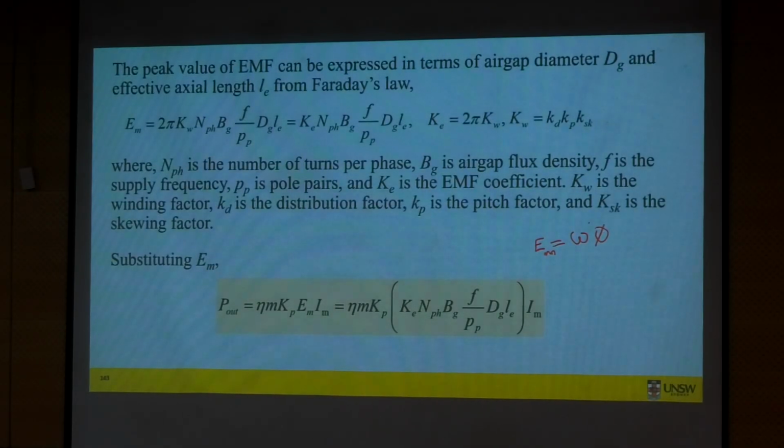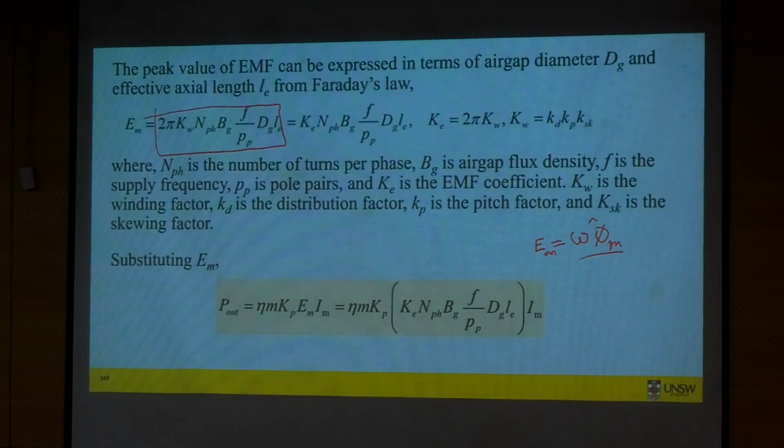Em is equal to omega times the peak of the flux. So this flux is in fact the flux per pole, okay? This flux is actually flux per pole. So we can write this in this form, okay? In this form.